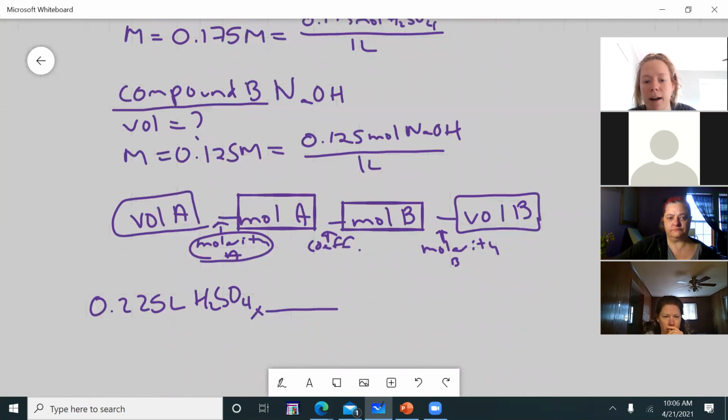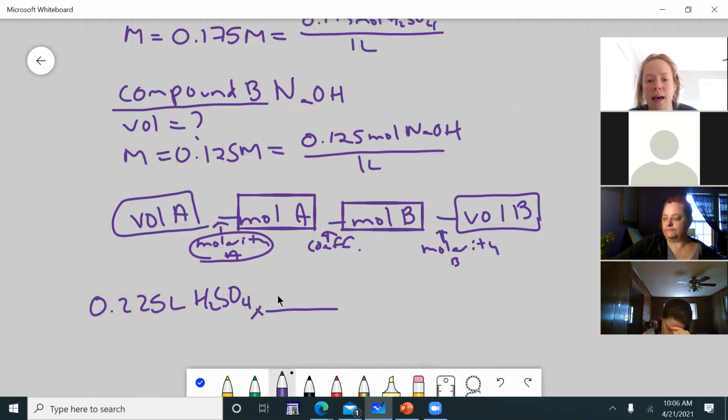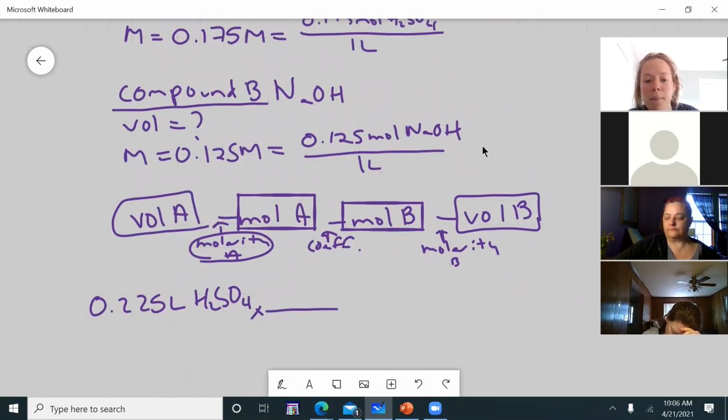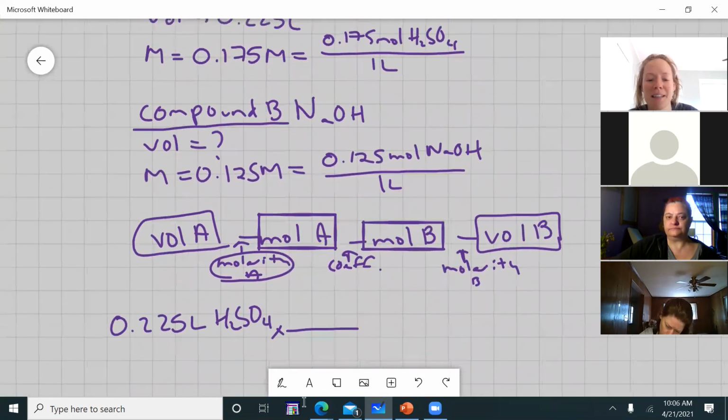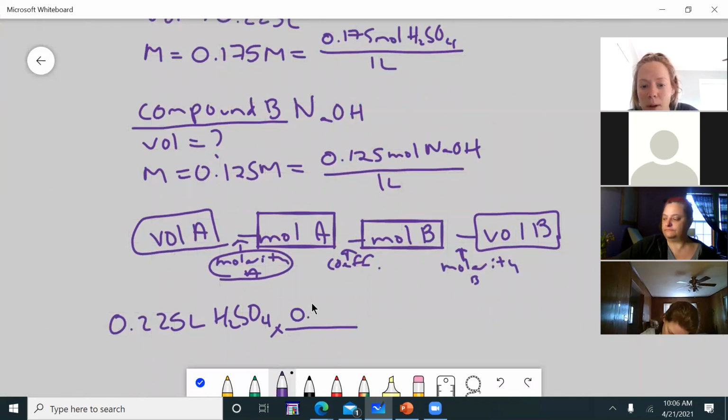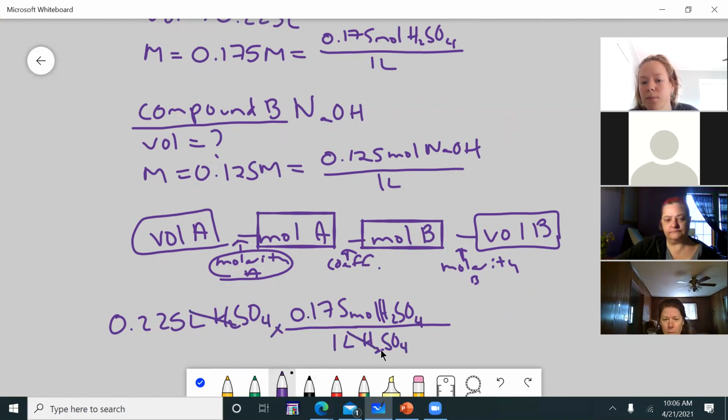We can just plug that right in, which tells us 0.175 moles of the H2SO4 in every 1 liter of the H2SO4 solution. What happens to the liter for this first step? They'll cancel.